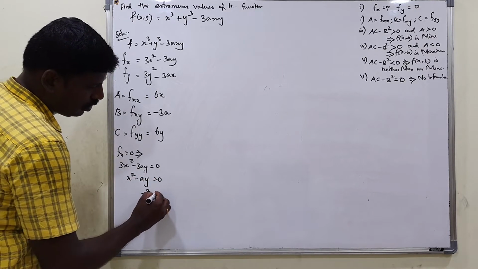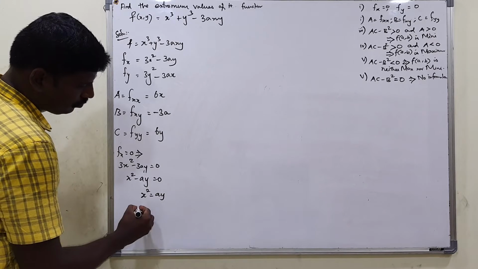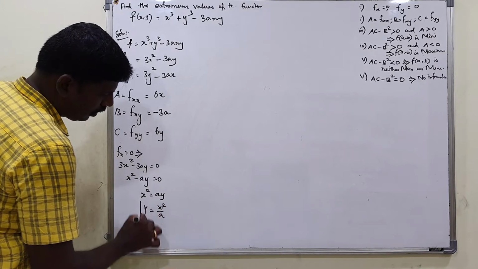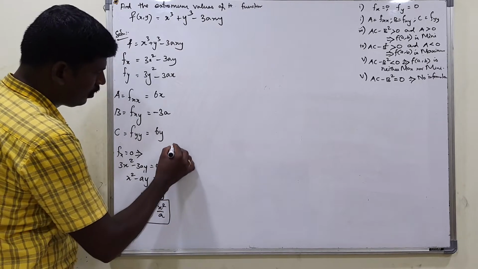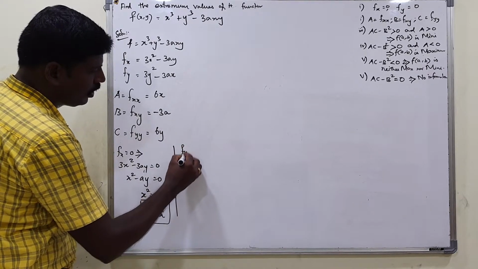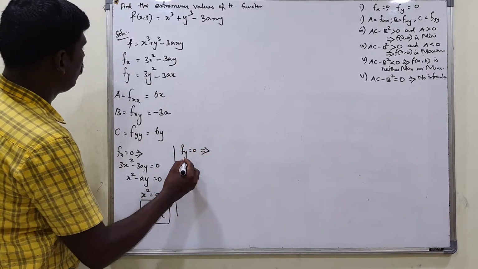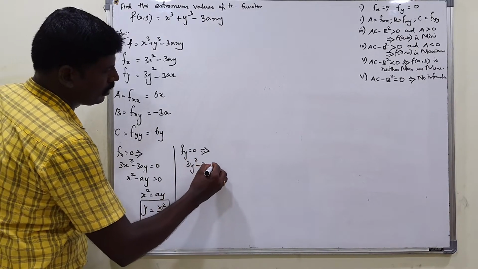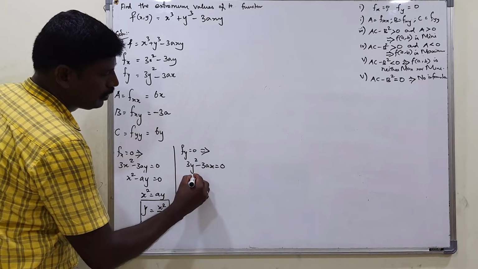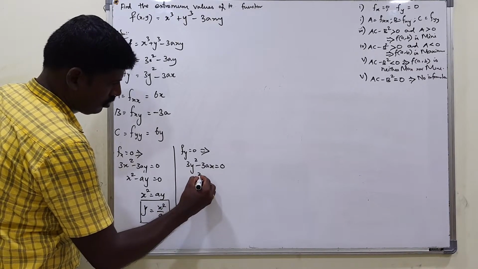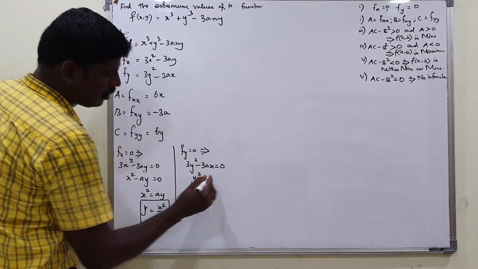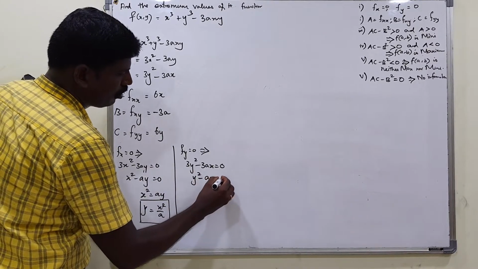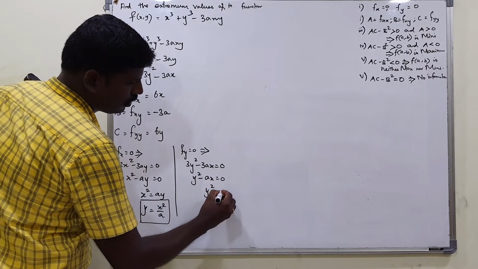So x square is equal to ay, or y equal to x square by a. Same like that, fy equal to 0 implies 3y square minus 3ax equal to 0. So divided by 3, y square minus ax equal to 0. So y square is equal to ax.